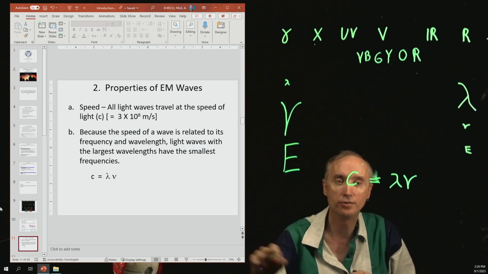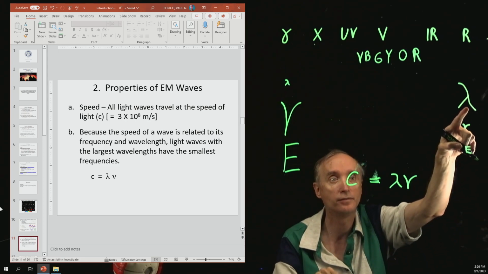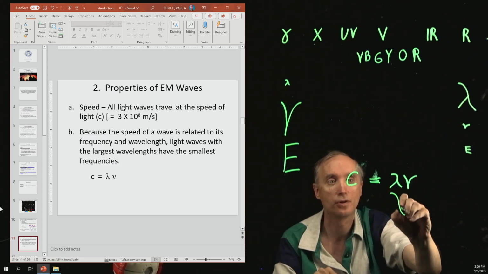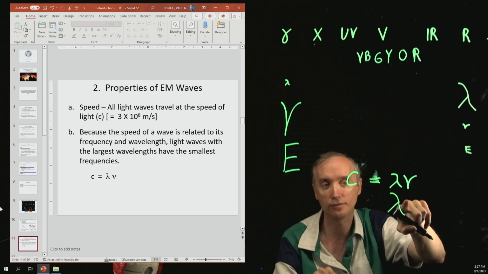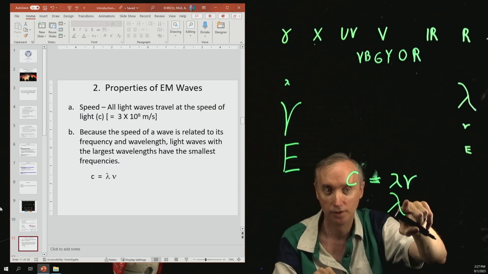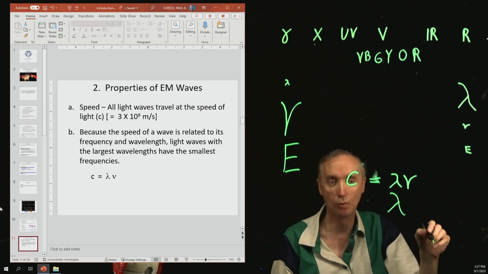Okay, now notice that radio waves have a very large wavelength. So what does the frequency have to do in order to compensate? Remember, 4 is equal to 1 times 4, but it's also equal to 4 times 1.